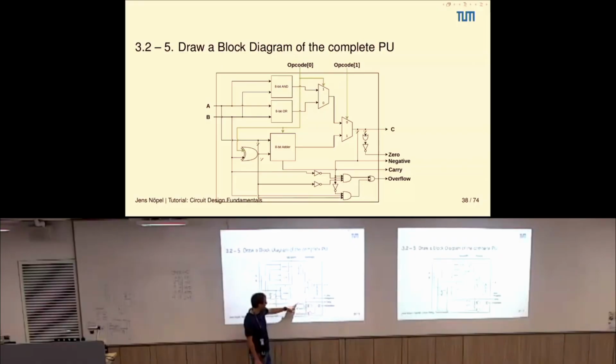Or the other way around: if both of the inputs are negative and the result is positive, then we also get an overflow. So we also add the OR here because both situations apply for the overflow, and that's it. Yes? Okay, so this 0 here is bit 0 of the opcode, and this is bit 1 of the opcode. Yeah, all right. Any other questions?